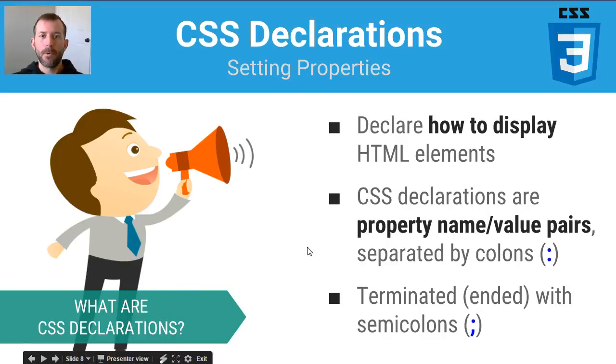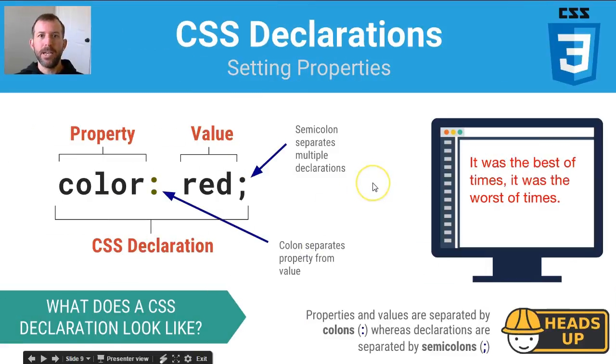Every single property value combination that you want to set for an element is considered to be a CSS declaration. What does this CSS declaration look like? It looks like this. You have a property, a value, separated by a colon, and then if you have more than one property to set, you will terminate each declaration with a semicolon.